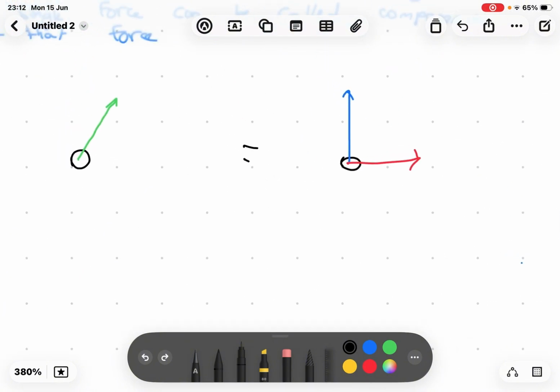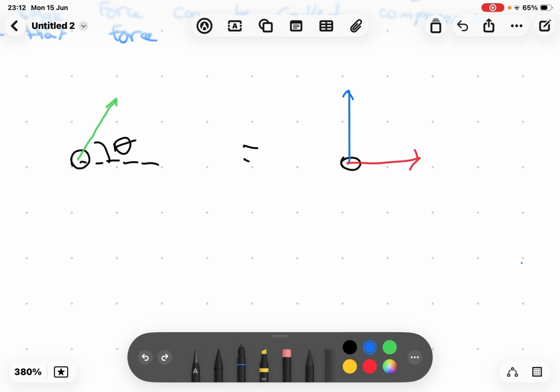However, an important thing to know is that in questions, most of the time, you will get the force with a degree, and from that degree we're able to calculate it. You might think, why does it matter?